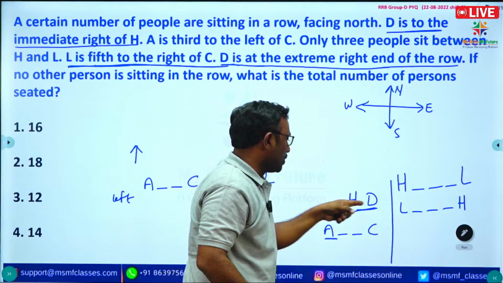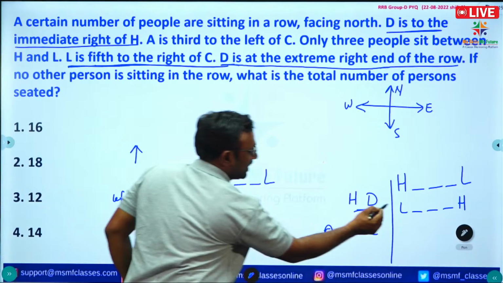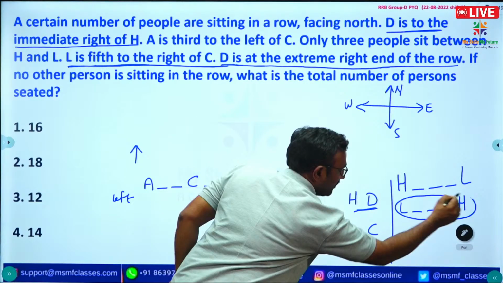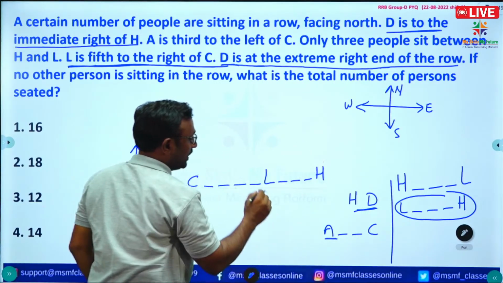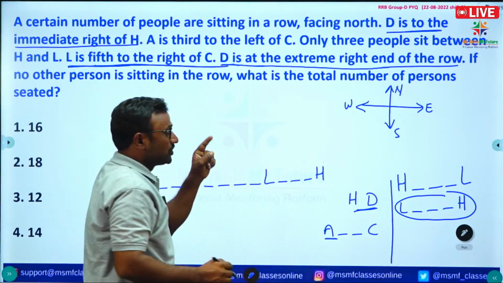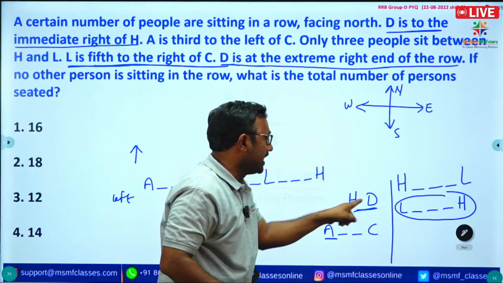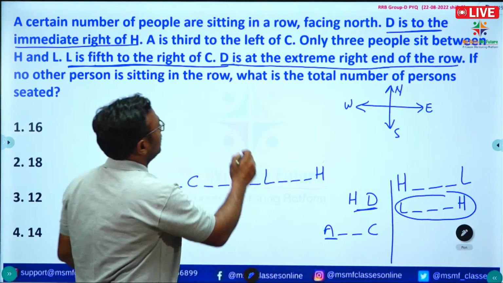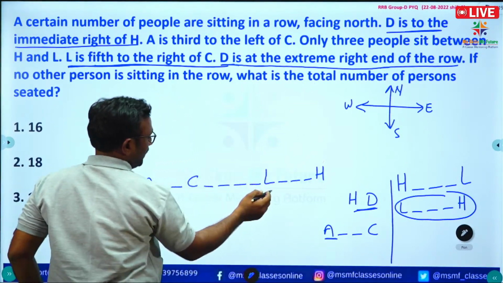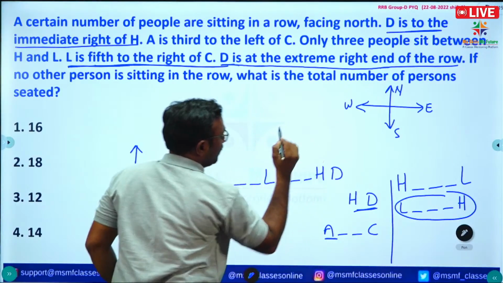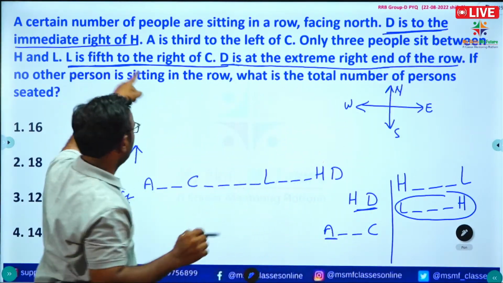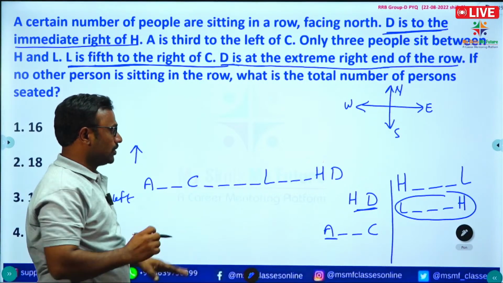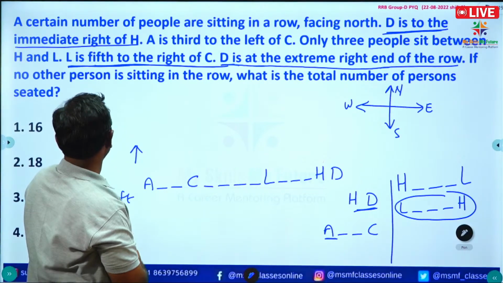So we can take the second case. Why? Because there are three people between L and H. Why are we taking this case? H is immediate left of D, D is immediate right of H. So what is our question?